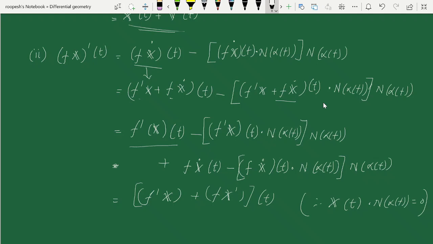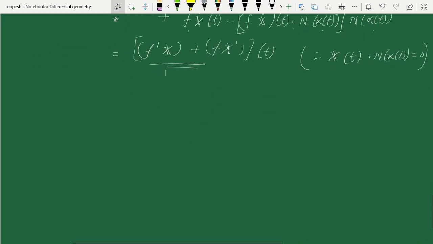This f can be taken outside, so f into X dot of t minus X dot of t dot N of alpha of t times N of alpha of t will come. So this term will be 0 here. So we have proved the second property also. The third property I am leaving for you to work out. The third one is homework for you. Next I am going for a remark.